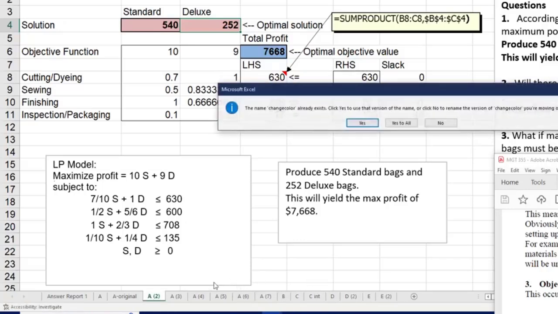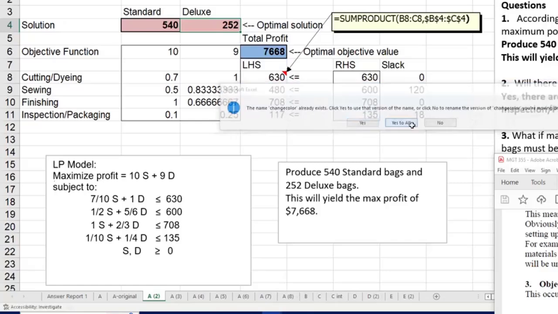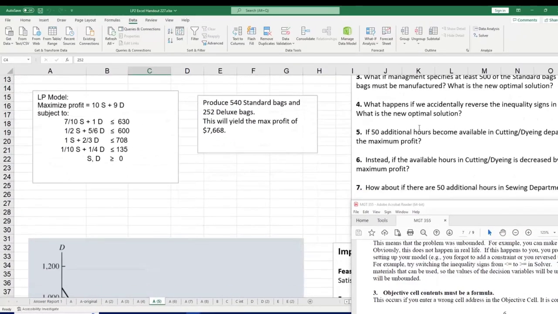I think I'm going to make maybe 4 or 5 copies. Okay, so this one I already messed up, and that one, A5. Okay, so I'm going to go with this one. So 5 is over here.